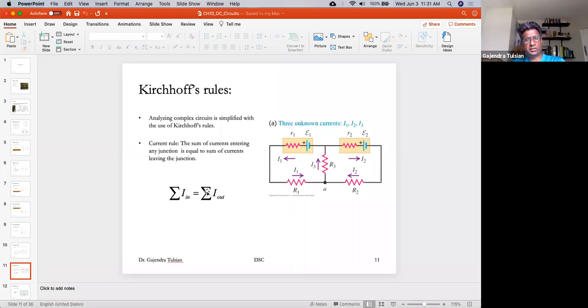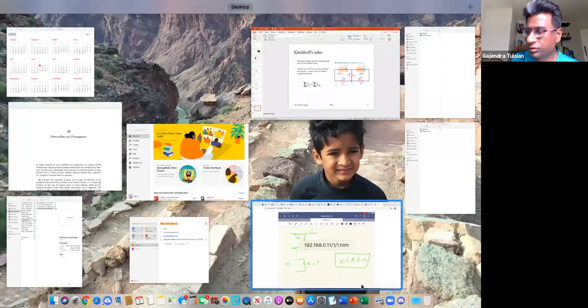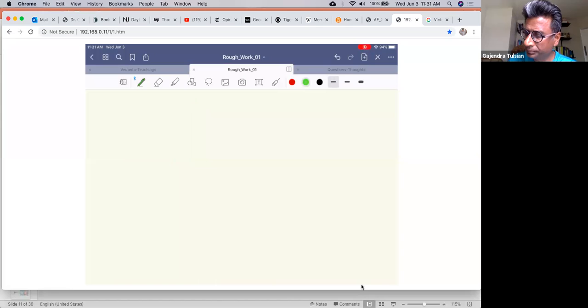It's just simple logic, because you can't have charges collecting at a junction. Whatever charge flows into the junction flows out of the junction, okay? So the junction rule tells you that in this case, I1 plus I2 should equal I3.